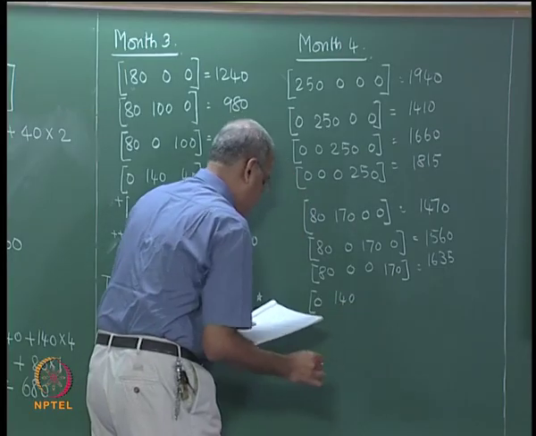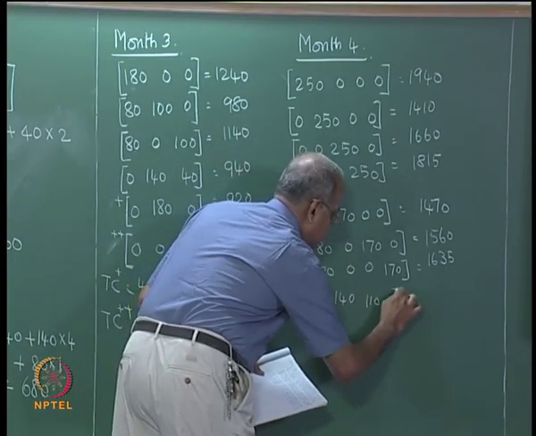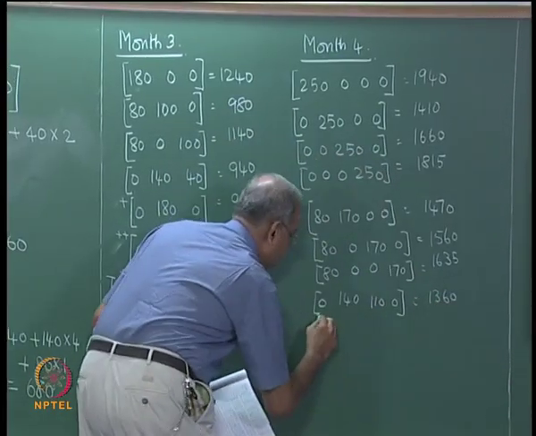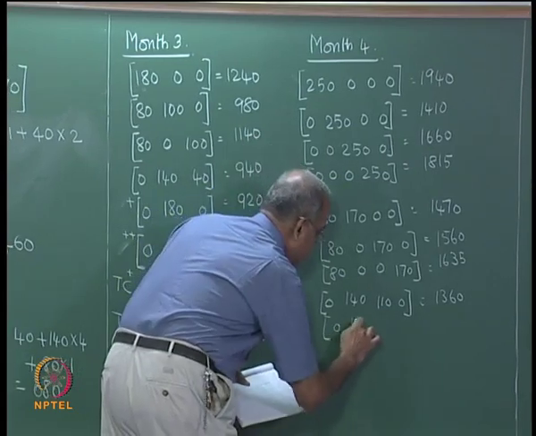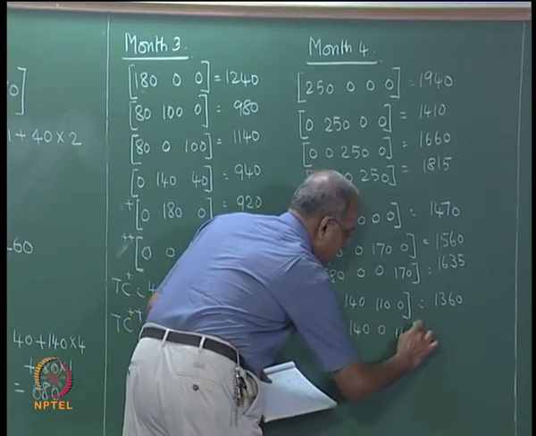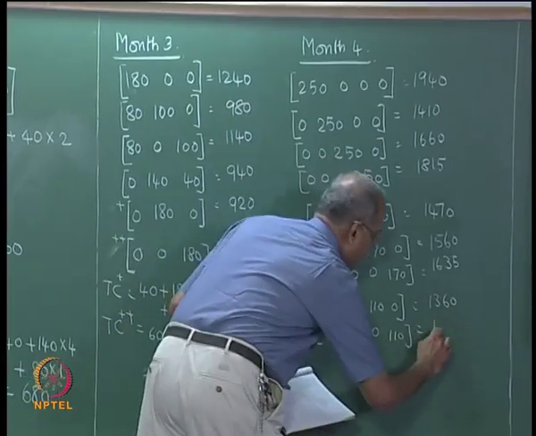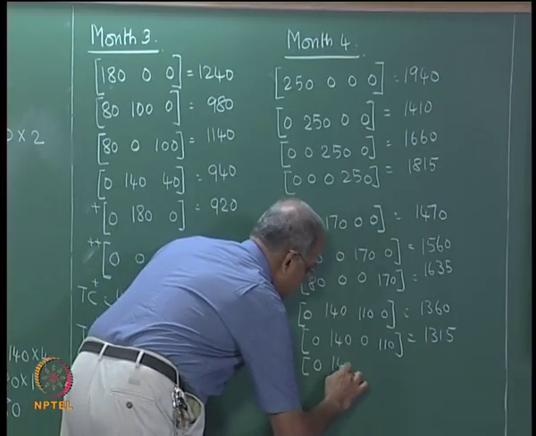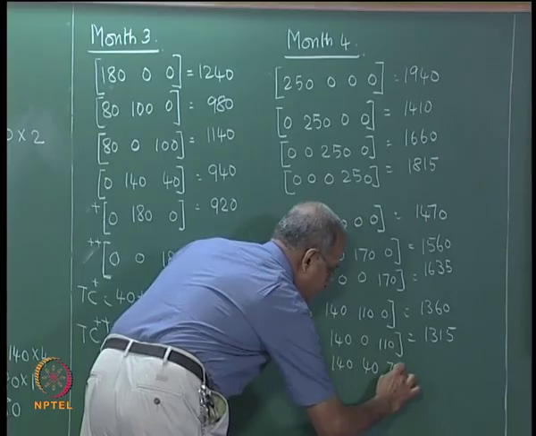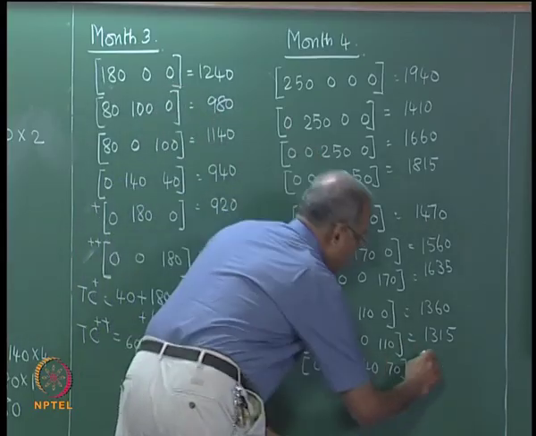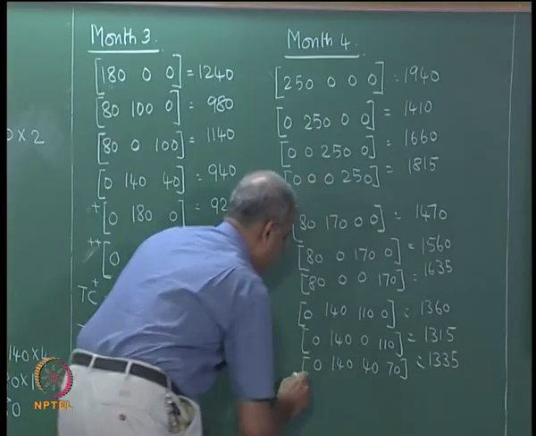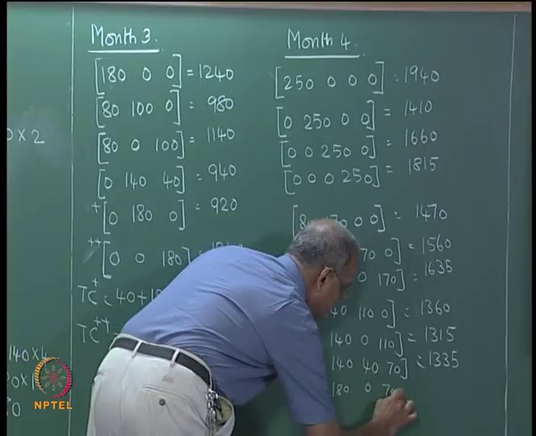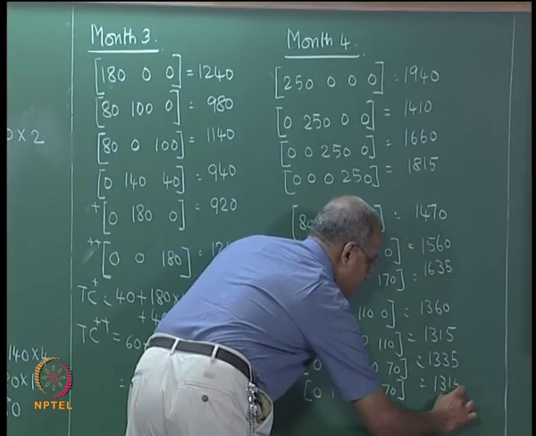Then 0, 140, 110, 0, 1360; 0, 140, 0, 110, 1315; 0, 140, 40, 1, 3, 3, 5, 0; 180, 0, 70, 1, 3, 1.